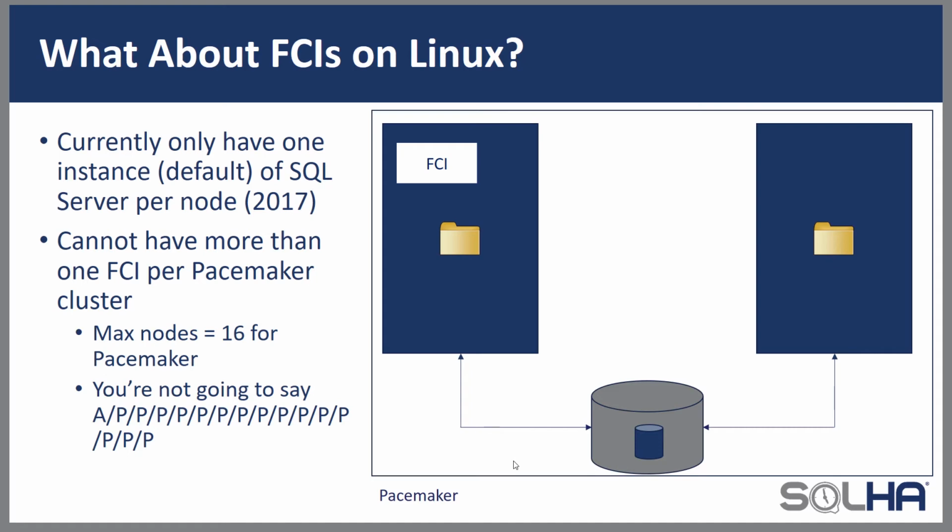This is because on Linux you can only install one SQL Server instance per server, which is the equivalent to a default instance. Even if you have up to the maximum number of 16 nodes, you can still only have one FCI. Active passive really isn't applicable here at all. It's just you have an FCI, and that's it.